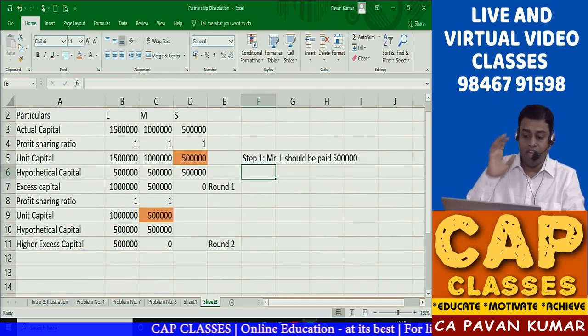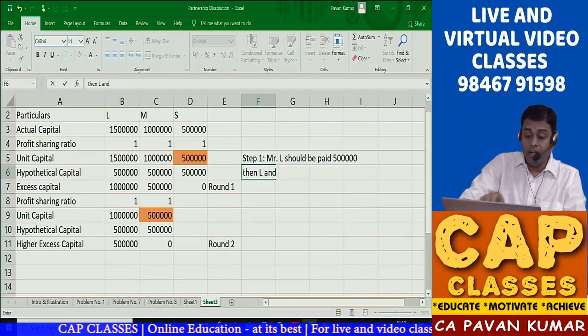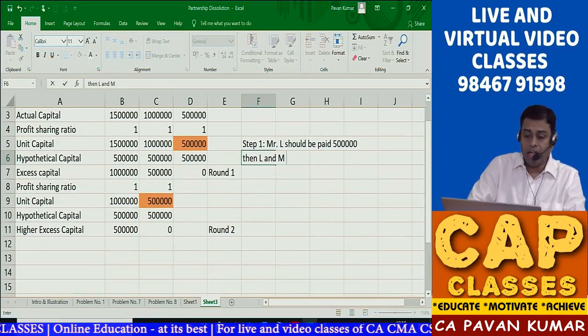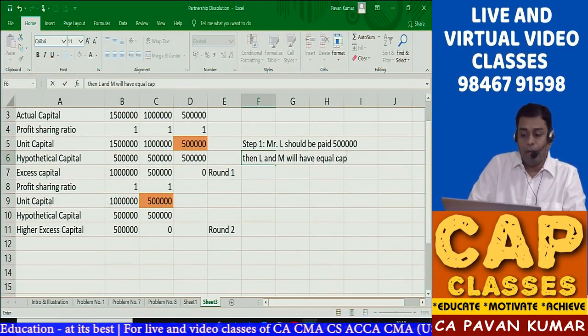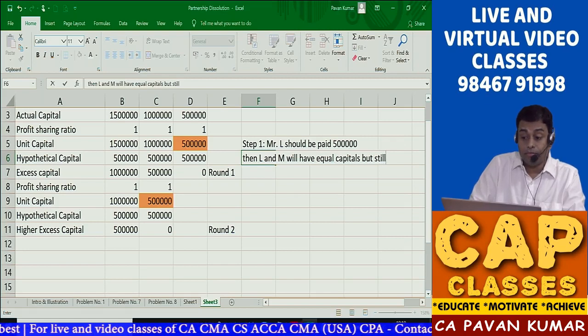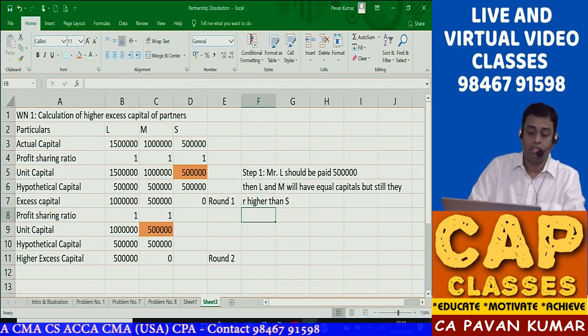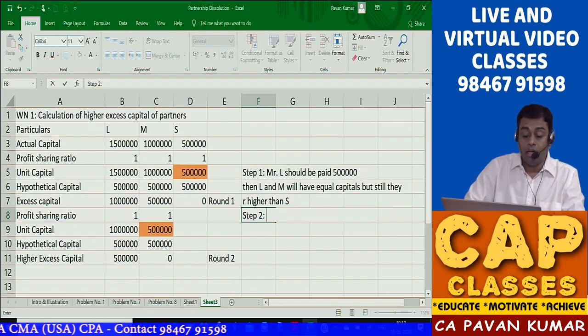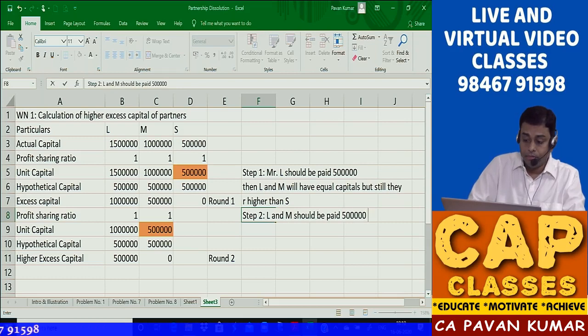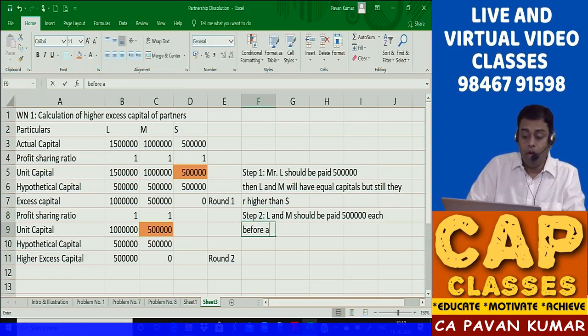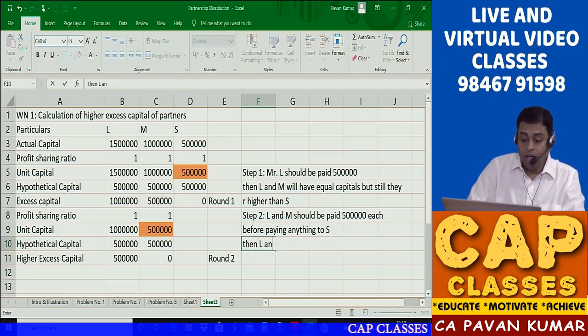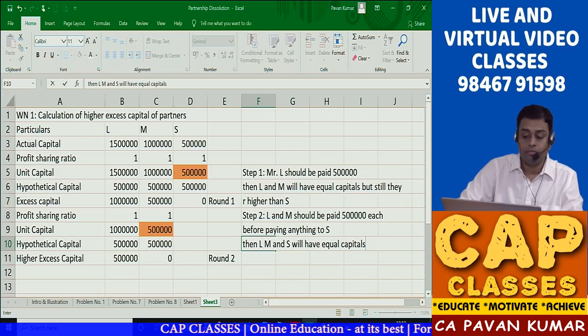Then L and M will have equal capitals, but still they are higher than S. Step 2: L and M should be paid 5 lakhs each before paying anything to S. Then L, M and S will have equal capitals, that is 5 lakhs each.